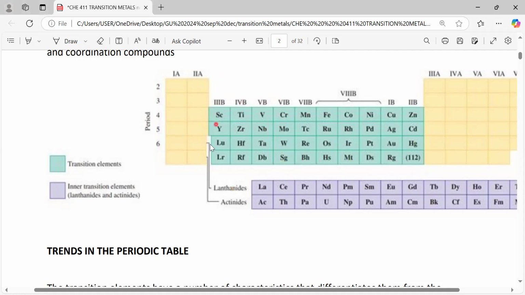Where the cursor is moving, where you have labeled elements, are your transition metals. The blue block is your inner transition metals, and they are labeled as group 3.